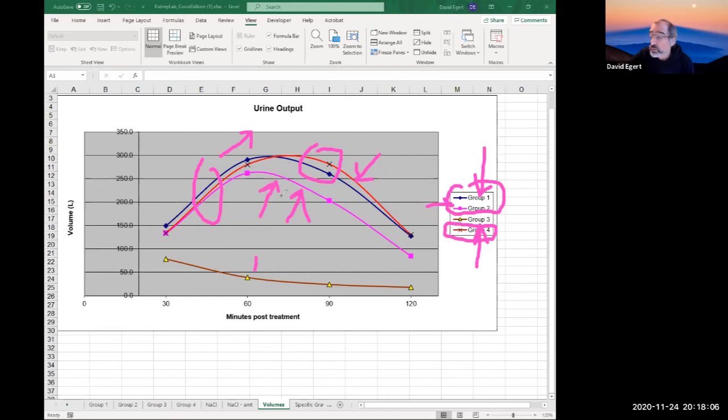So here I think we see evidence that if you drink the water but also drink salt, because your osmolarity is not going to go down as much, you're not diluting your overall concentration as much, your body is not going to respond with as dramatic a release of water.